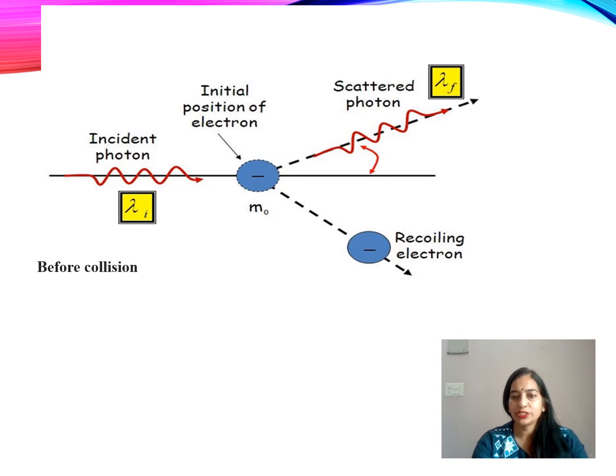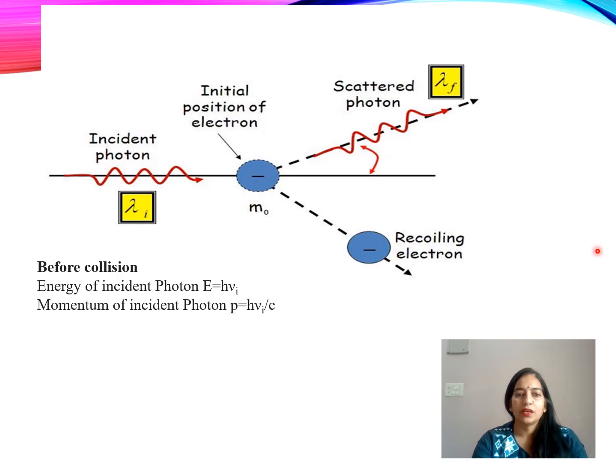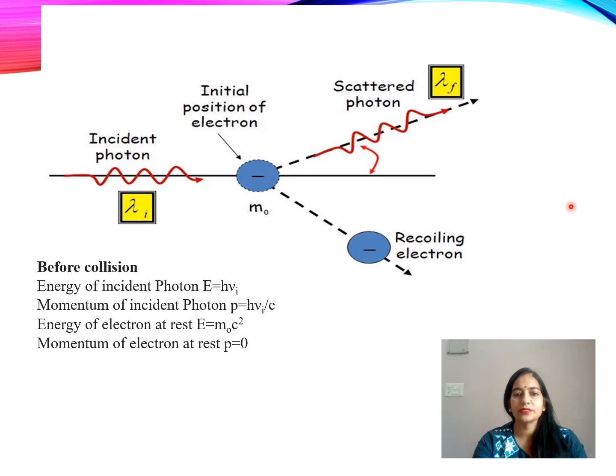Before collision conditions, the energy of the incident photon E equals h nu I, momentum of the incident photon P equals h nu I upon c, energy of the electron at rest, from Einstein, m naught c square, and momentum is 0 because it is at rest.